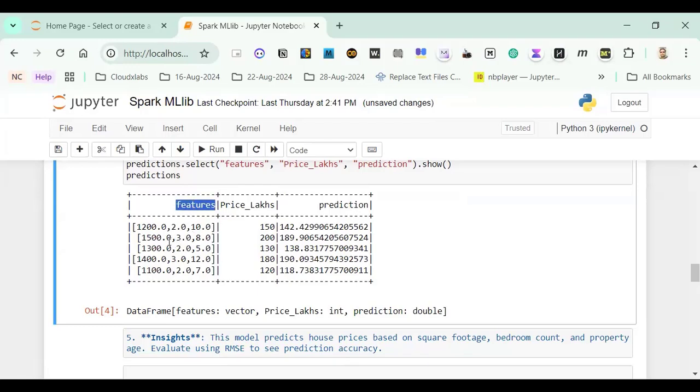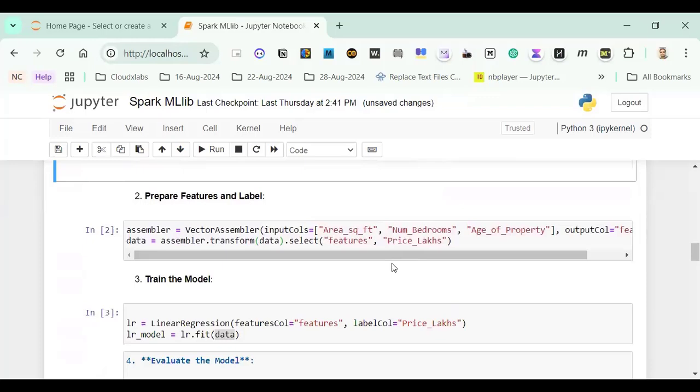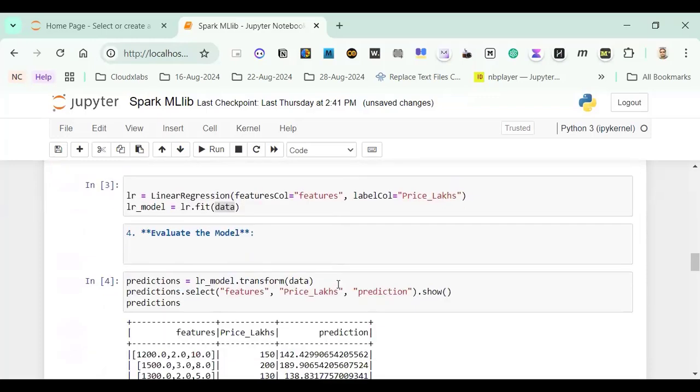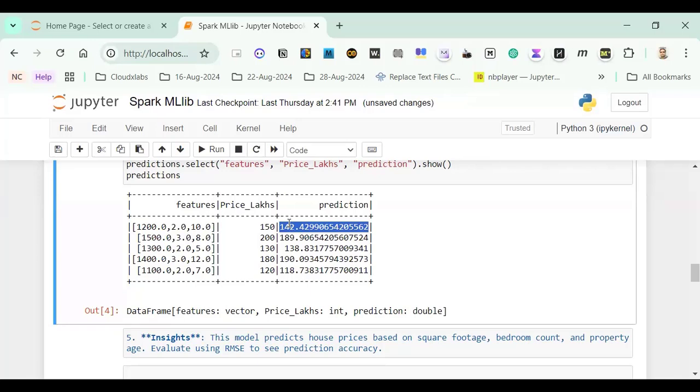Now these are the features, which contain 1200 first, 2.0 and 10.0, right? So if you look here, 1200, 2.0 and 10.0. The actual price is 150 lakh, but our algorithm gives 142 lakh. Okay. So it might be nearby, because this is very small data.